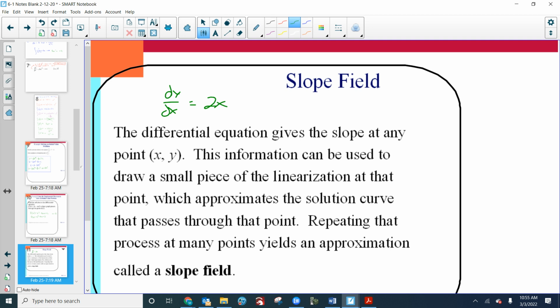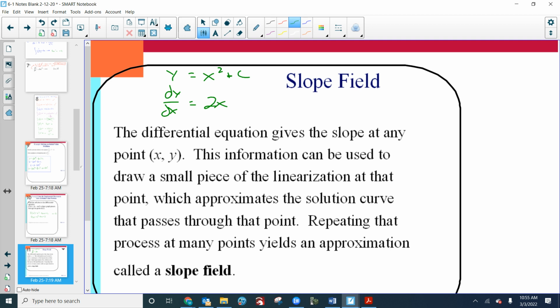When x is 1, slopes are all the same. Why? Because it's every vertical translation of x squared, right? Isn't it x squared plus c? What's x squared plus 1's slope at 2? 4.